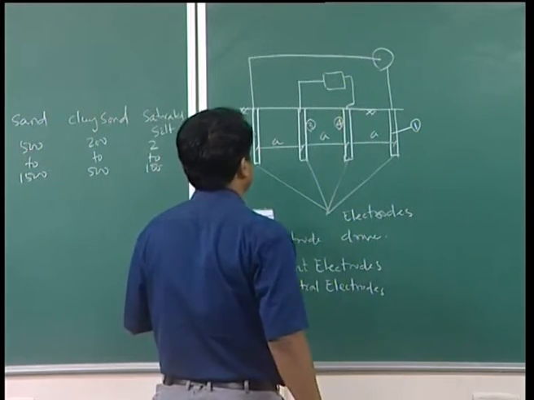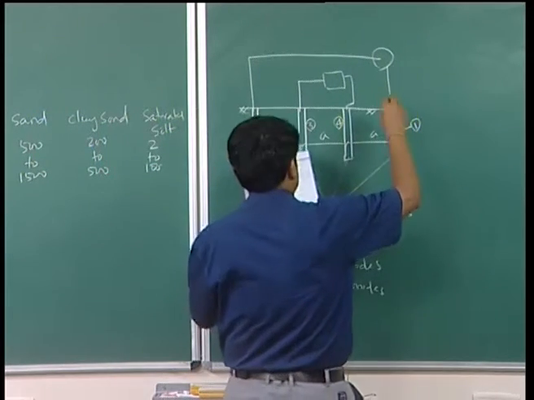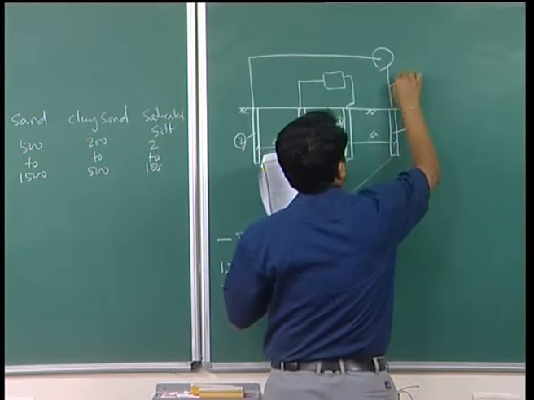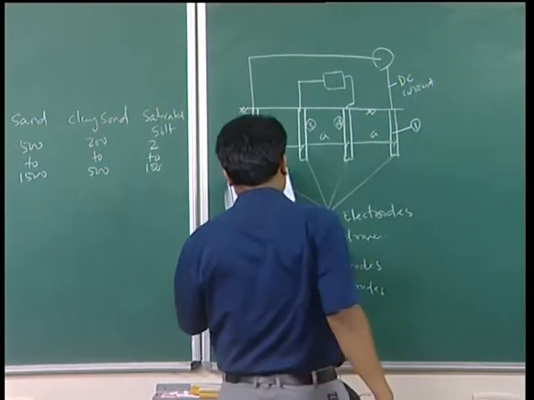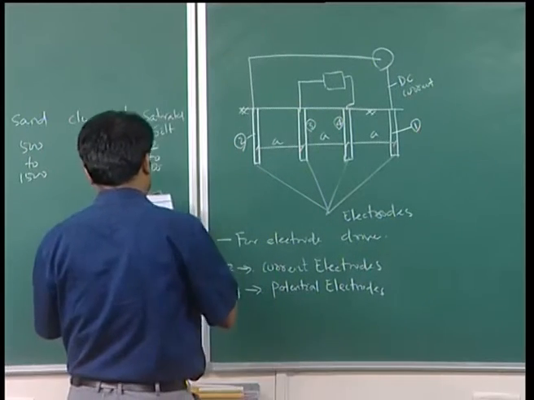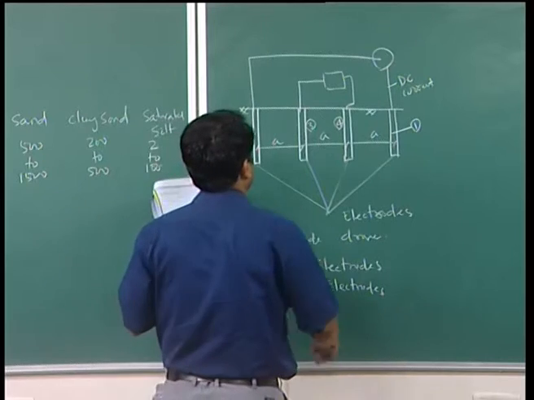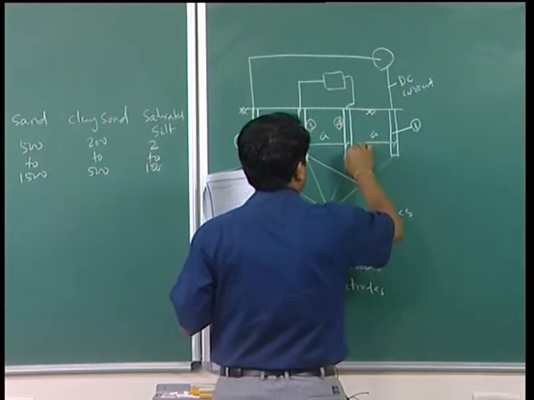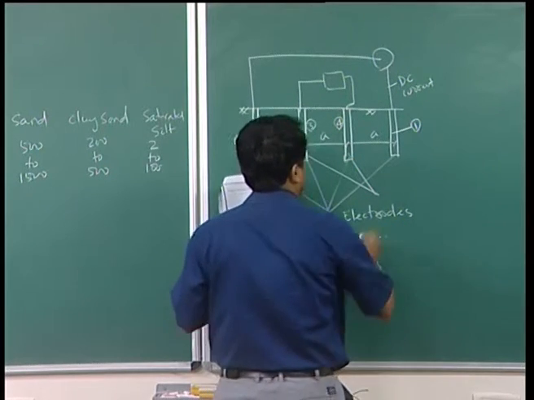So, mean resistance of this soil you can get by applying DC current to the outer two electrodes. Then the voltage drop between the two inside electrodes is measured.